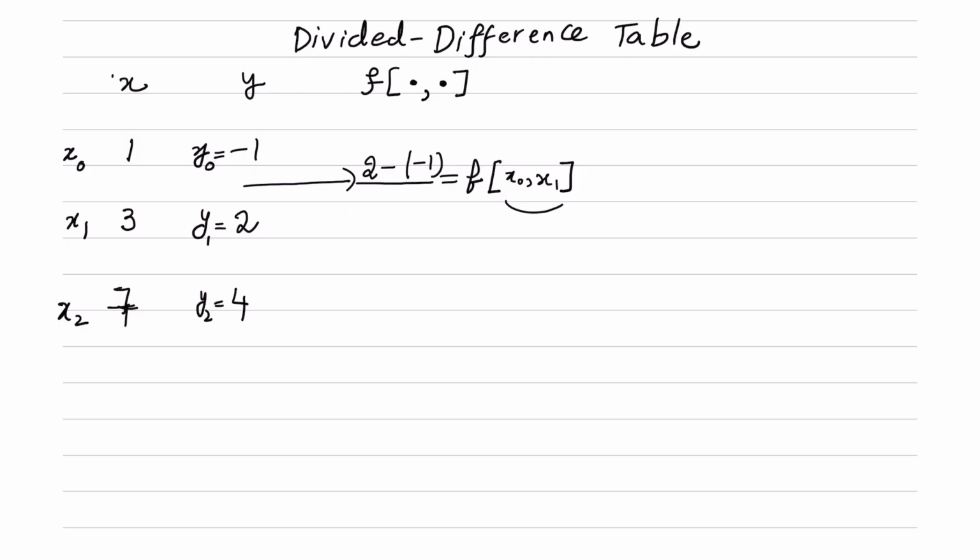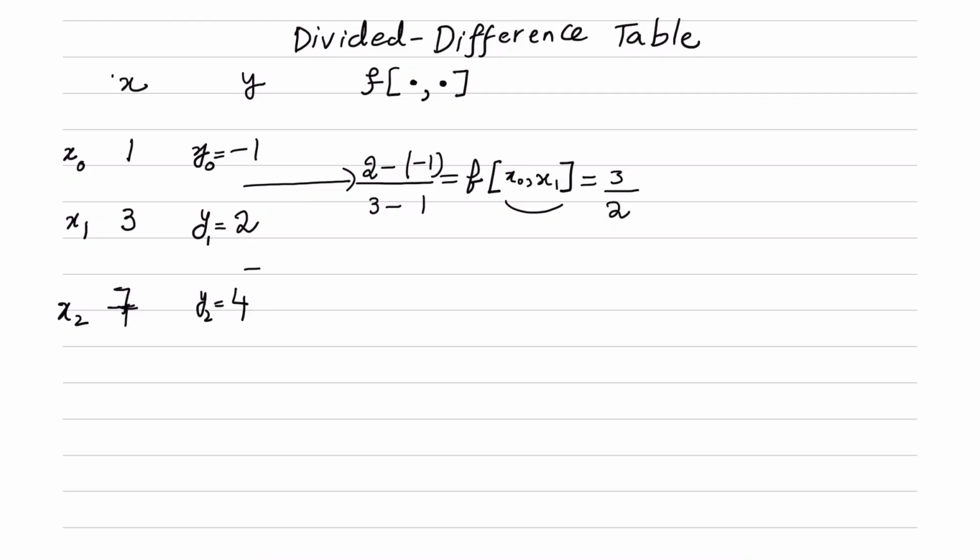Last x is x1 and first x is x0. Last x, x1 is 3, first x, x0 is 1. So you have f of x0 x1 as 2 plus 1 divided by 3 minus 1, so you have 3 divided by 2.